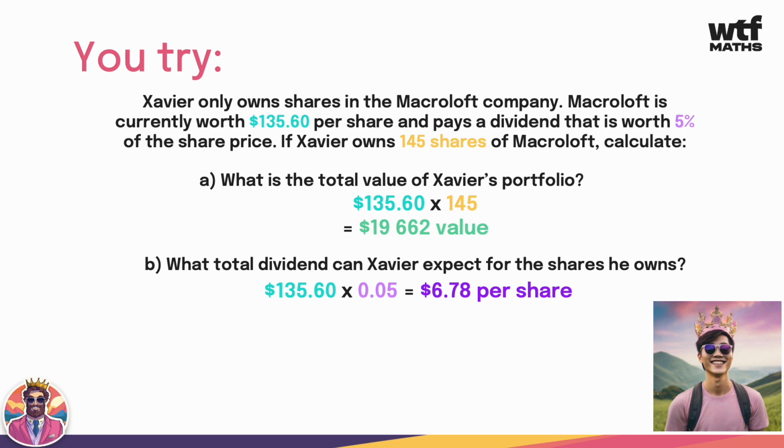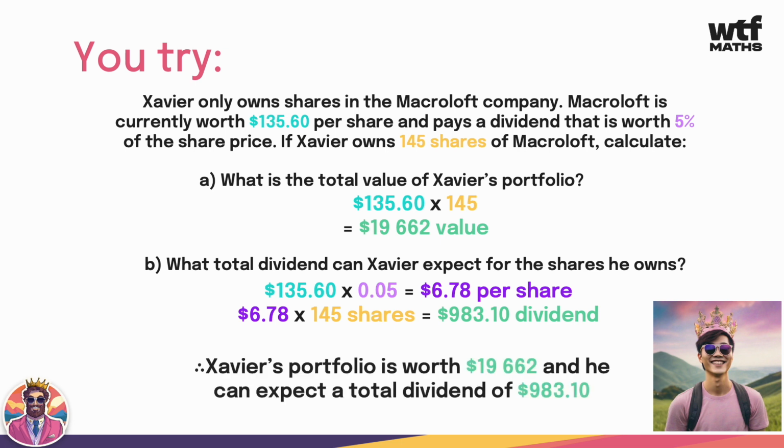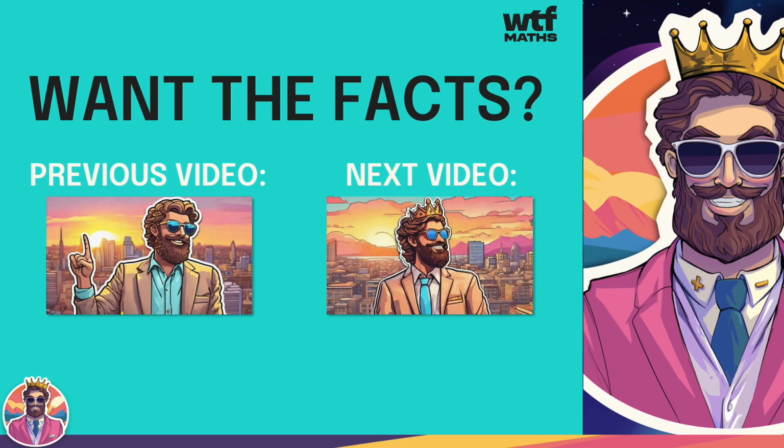So if we find 5% of 135.6, we get $6.78. So this is the dividend per share, and then all we have to do is multiply it by 145, and we'll get $983.10. So overall, Xavier's portfolio is worth $19,662, and he can expect to get $983.10 as a dividend.